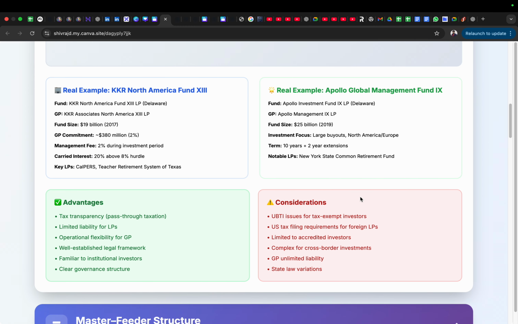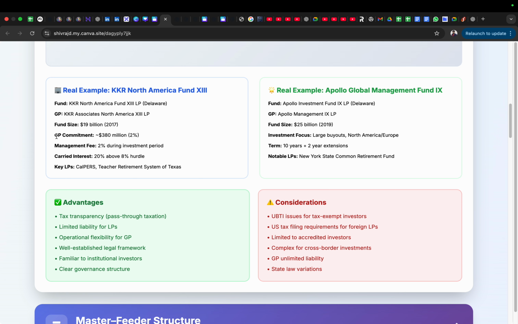Let's talk about real examples. KKR North America Fund 13. The main fund is registered in Delaware in the US, and KKR's GP is registered as North America XIII Associates LP. The total size of the fund is 19 billion.